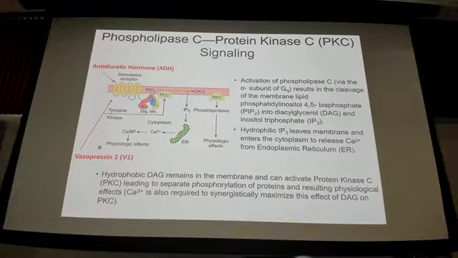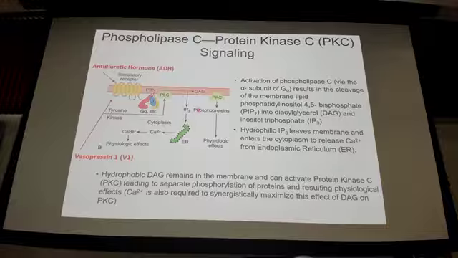Now for G sub Q. For example, if we have vasopressin 1 as a receptor, antidiuretic hormone will bind to the external portion, and that will cause the alpha subunit to dissociate and the beta and gamma subunits to dimerize. The alpha Q subunit will activate phospholipase C, and that causes phosphoinositol bisphosphate to be broken down into DAG, diacylglycerol, and IP3. Diacylglycerol hangs out in the cell membrane.